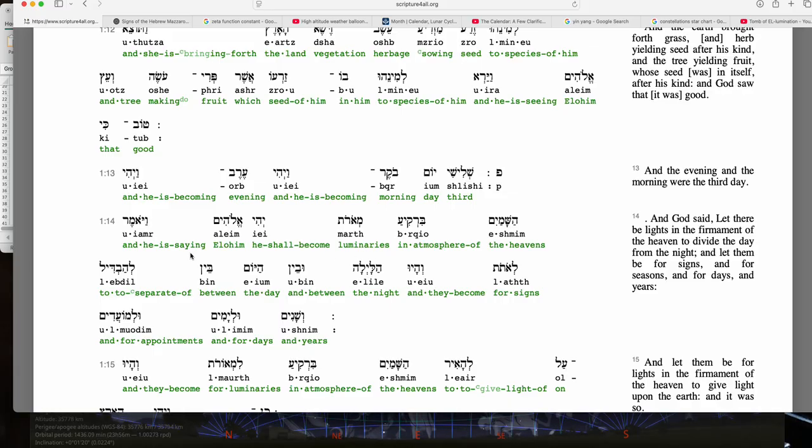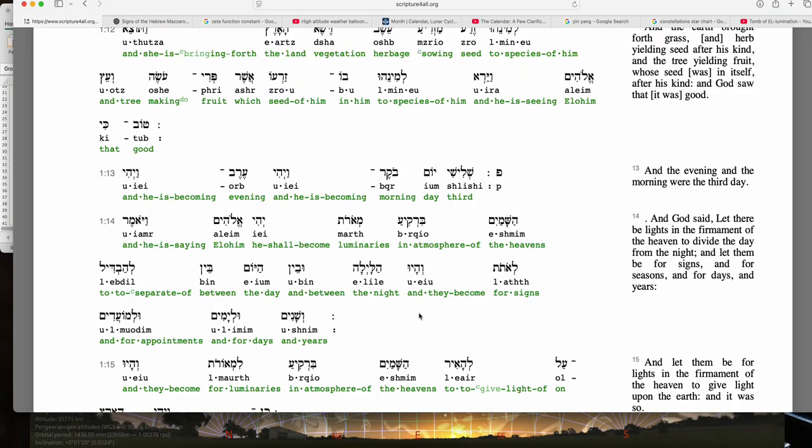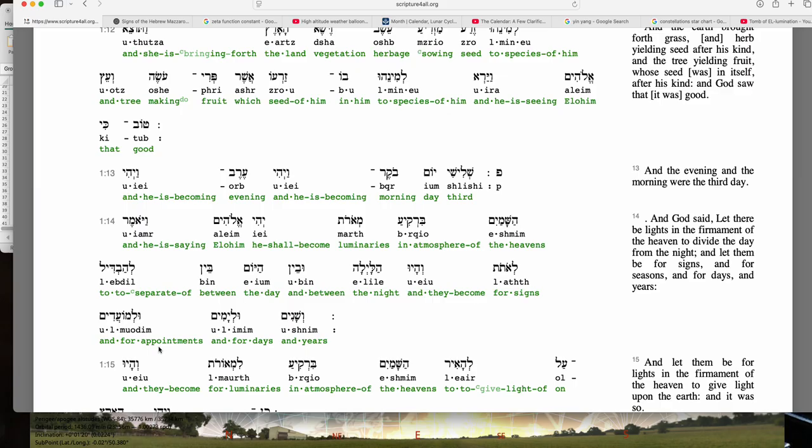But it's talking about how they shall become luminaries in the atmosphere of the heavens, and to separate between day and between the night, and they become for signs and appointments. Again, the tenth of appointment and our appointed numbers. So that's all going into the tabernacle and then the encampment, as far as what we're talking about of appointed numbers for days and years.